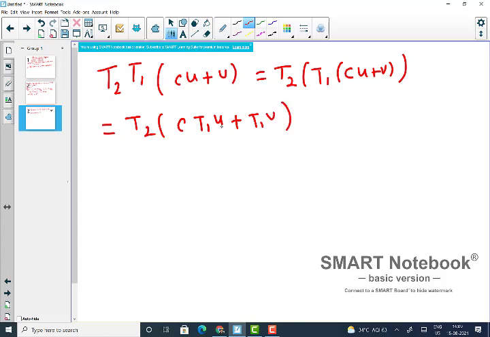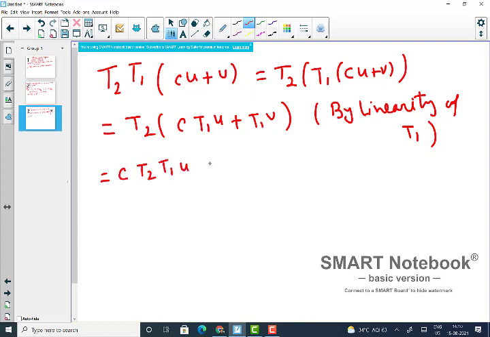This is by linearity of T1. Now similarly T2 is linear. So what does T2 do? T2 is additive, and also it commutes with multiplication by the constant. So this is c times T2 T1 of u plus T2 T1 of v, right?